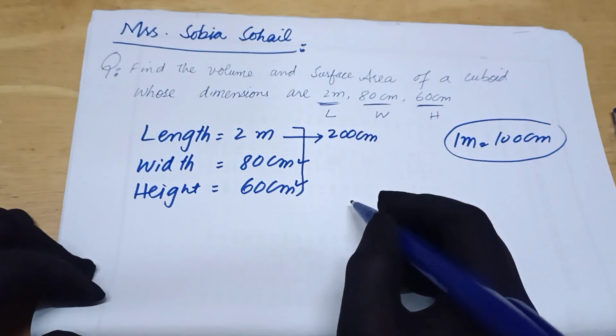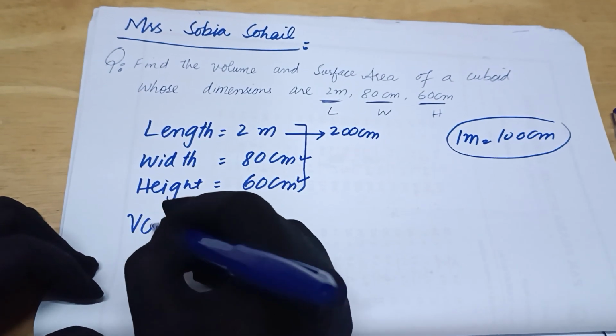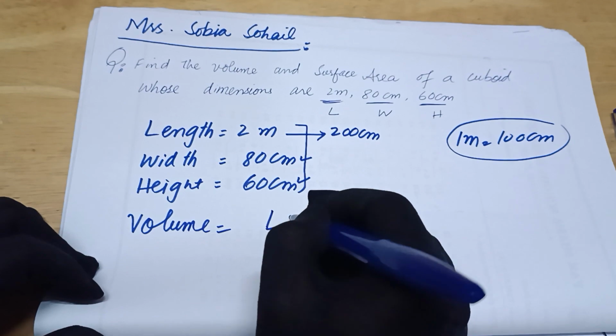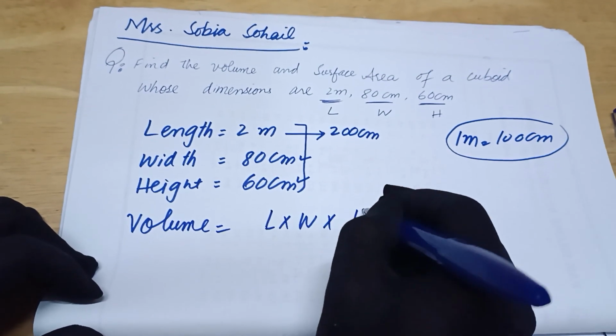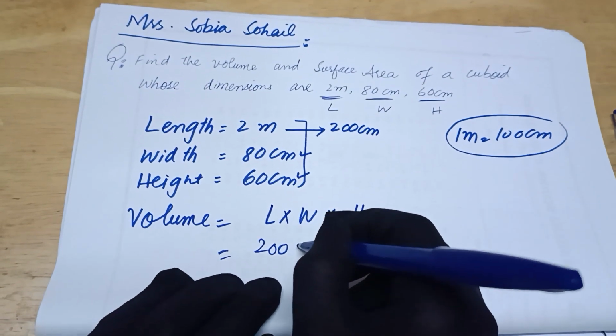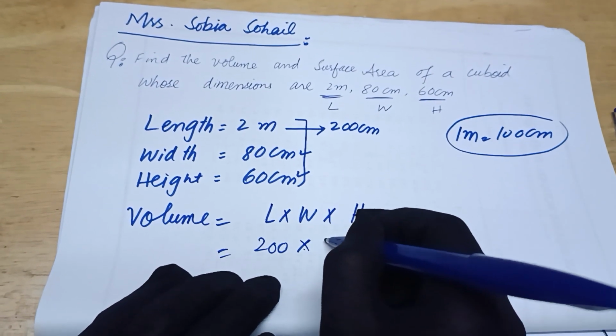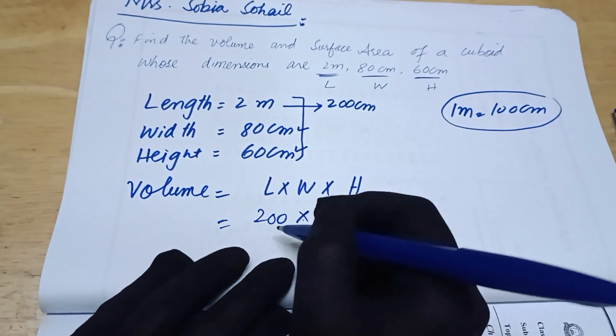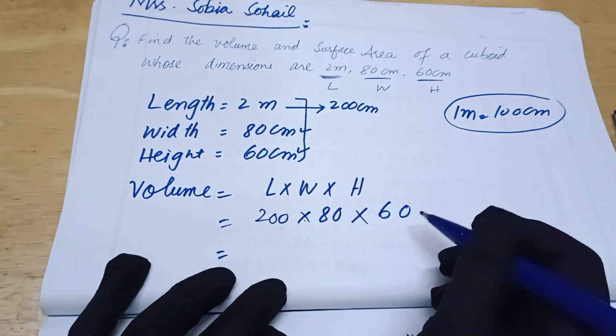So first we will find the volume of this cuboid. Volume is length times width times height. Length is 200 centimeter, width is 80 centimeter, and height is 60. For short multiplication, we will use this method.